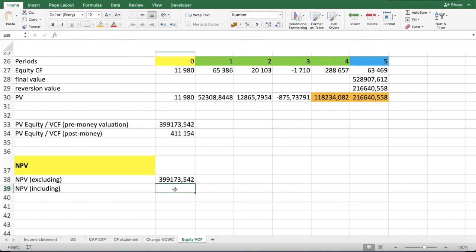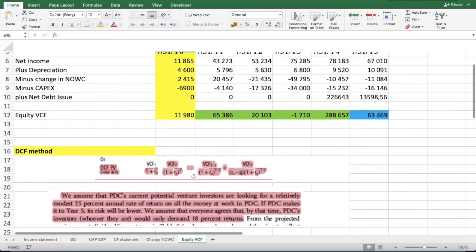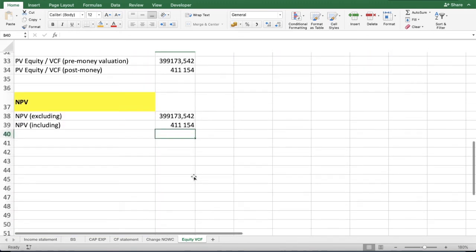Now if we want to include the current value of the equity, all you have to do is just to add the equity cash flows, and that's it. Okay, so we are done with this chapter.